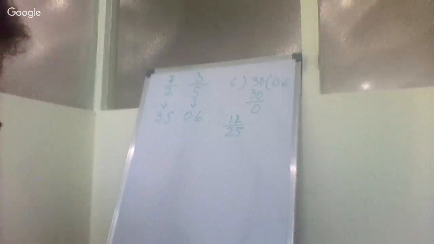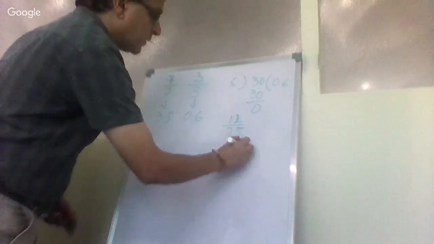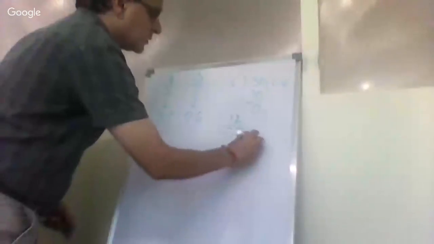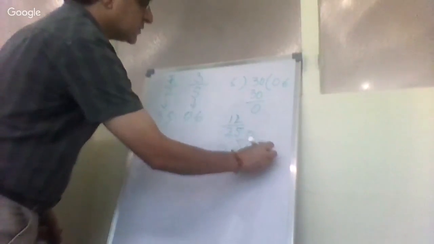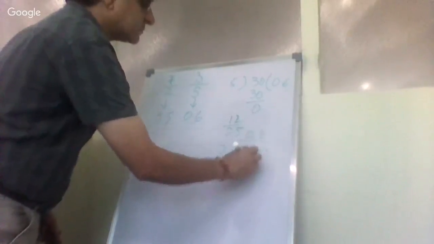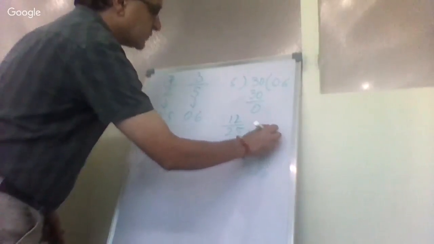Sir, I'm still doing it. Now 12 is less than 25, so we put 0 point, then 4 times, then 8 times.